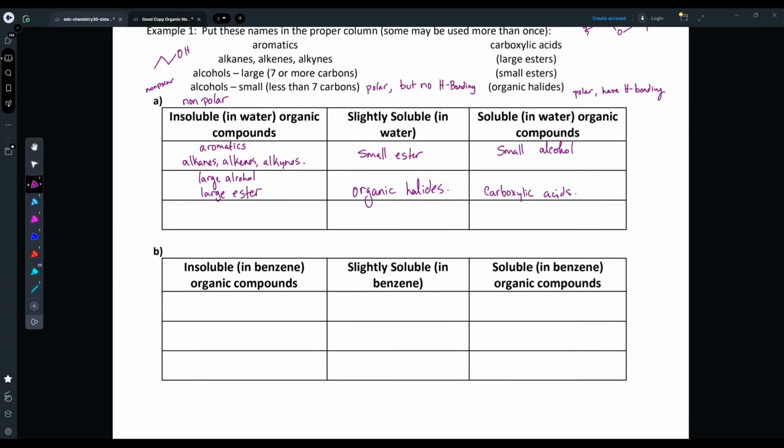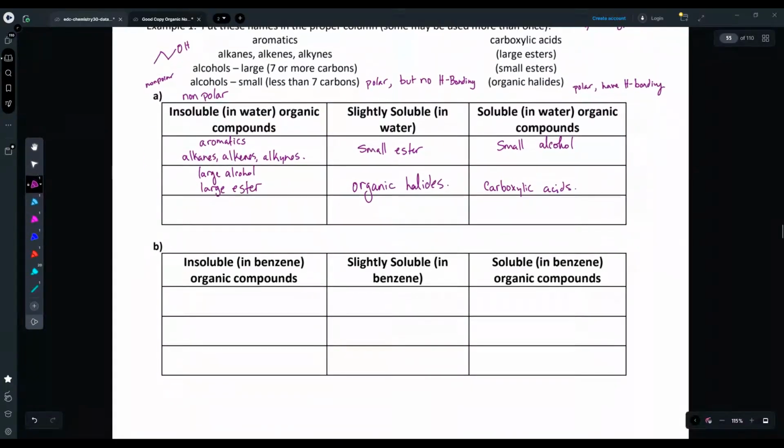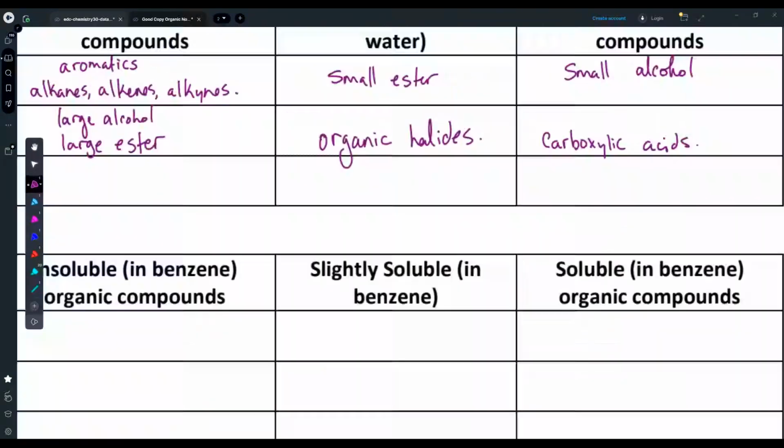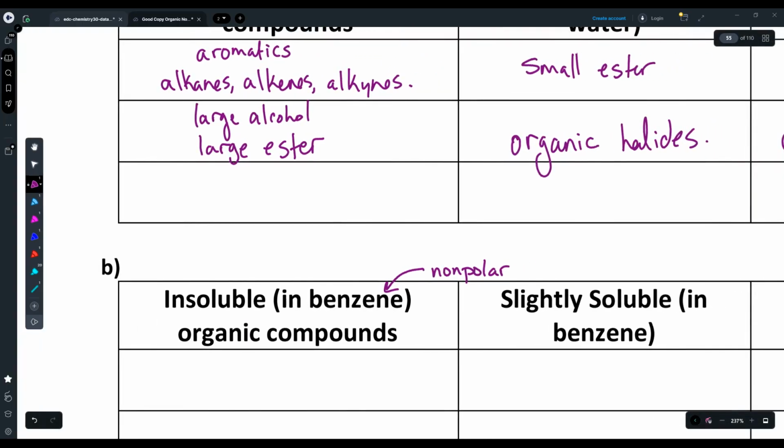All right. So with this next chart, we're going to be using the same list. However, it's going to be an opposite trend. The reason being is because we're checking the solubility in benzene. And since benzene is nonpolar, that's why the trend is going to be opposite, because our solvent is nonpolar now.